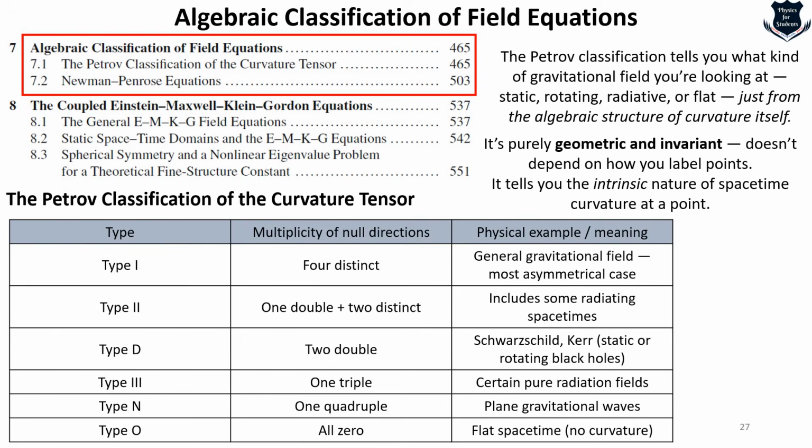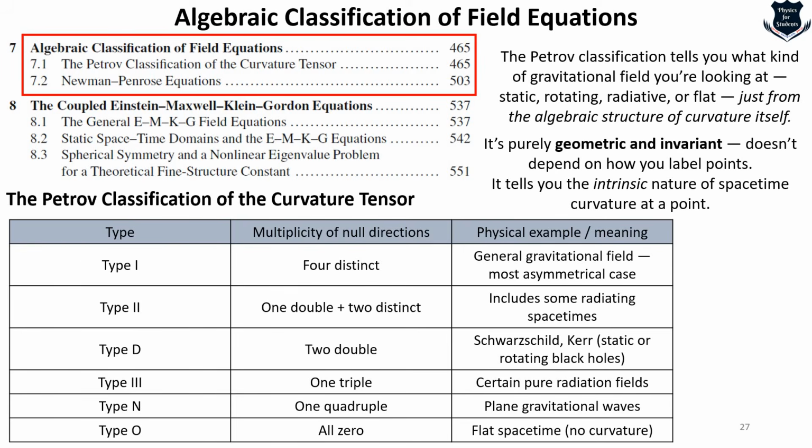So even if two metrics look completely different in equations, if they belong to the same Petrov type, they have the same underlying curvature structure. You can talk of a kind of grouping or a kind of topology where we group things under certain classes. This is extremely powerful because it is like discovering that materials are made up of the same crystal lattice despite having different appearances.